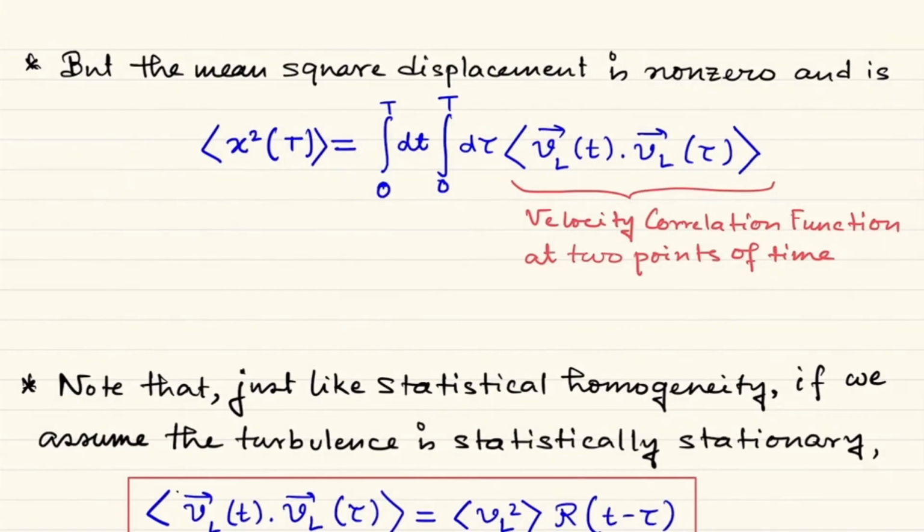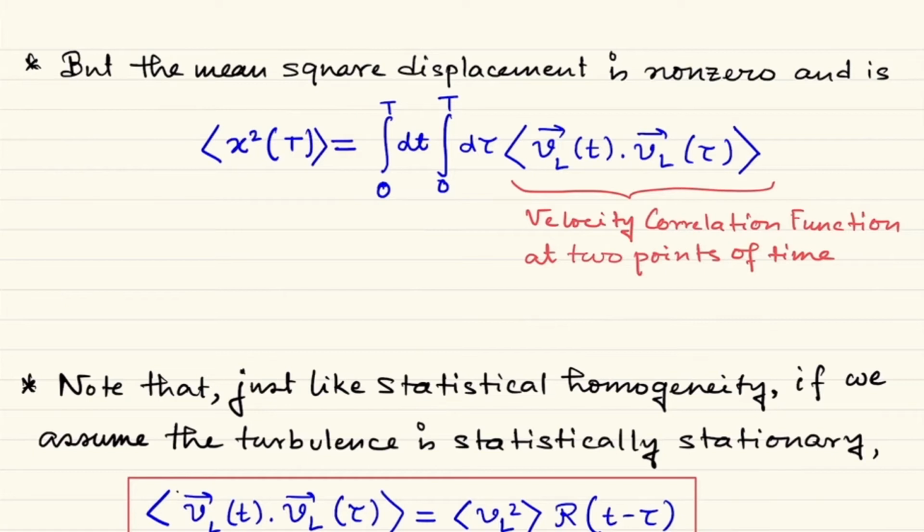Now if you take the 2-point velocity correlation function of the Lagrangian velocities, and then you integrate them in time, double integration, then what will we get? We will simply get the mean square displacement.